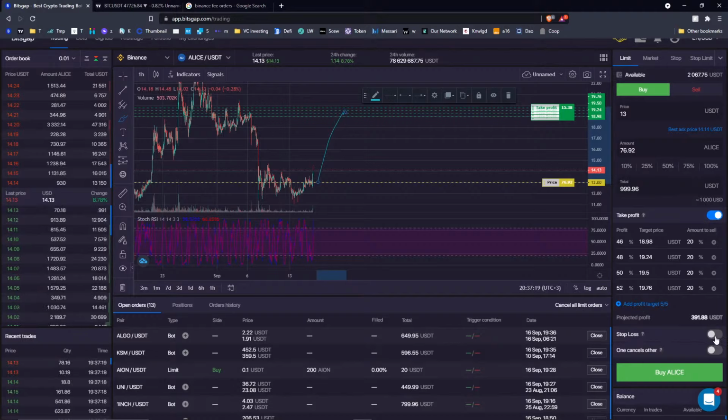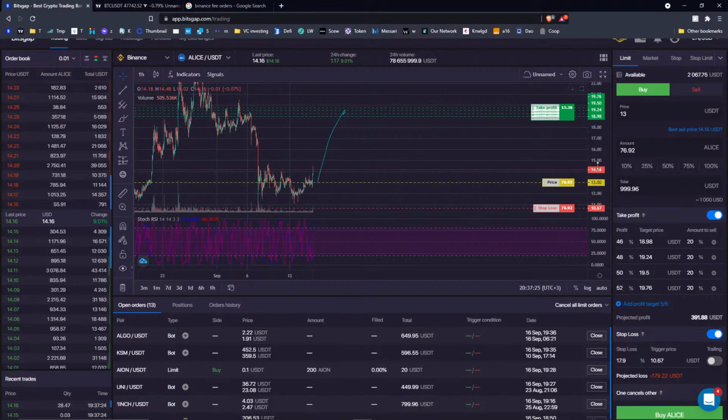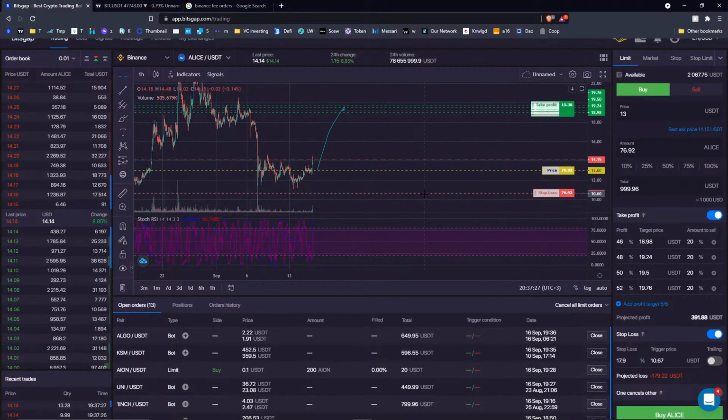And the same way you can have your stop loss to show you the potential loss you can have. So let's say you set your stop loss here, your entry price is where you have this yellow line on the chart. So that's exactly minus 17% from the entry price. So you risk to lose $180 for the reward of $400.